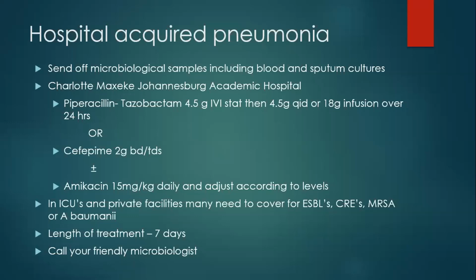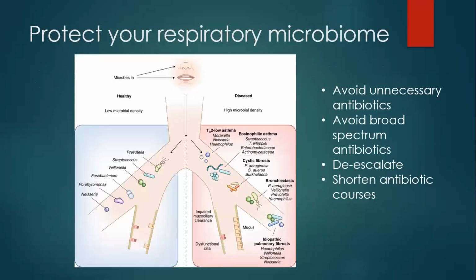And then some institutions would ask you to consider adding amikacin at the beginning while you're waiting for your cultures. And as I mentioned, depending on where you're practicing, knowing what bugs you have in your environment, you may want to upfront cover for ESBLs, CREs, or MRSAs. The length of treatment for these patients would be about 7 days, and again, call your friendly microbiologist.